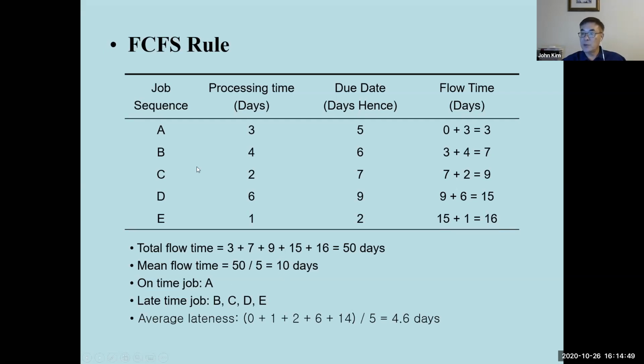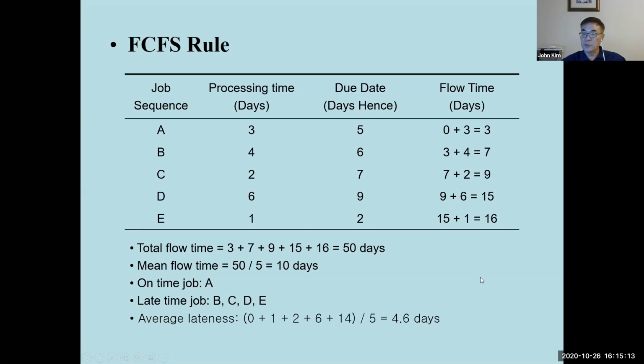So the on-time job is only A, and the others miss the due date, late jobs B, C, D, E. And then average lateness: 0 late, and 1 day late, and so on. So total lateness divided by the number of jobs, 5, equals 4.6 days.